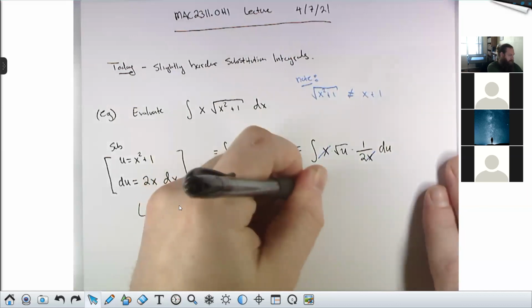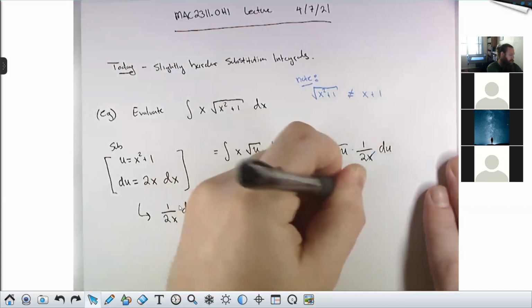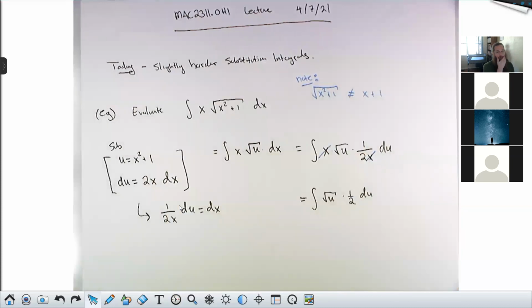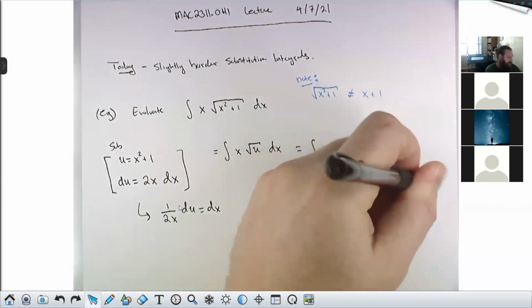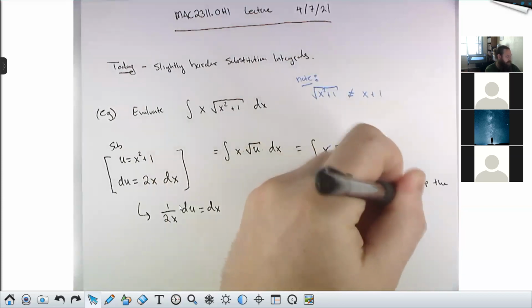So I get integral square root of u times 1/2 times du. And at this stage, the substitution is done.